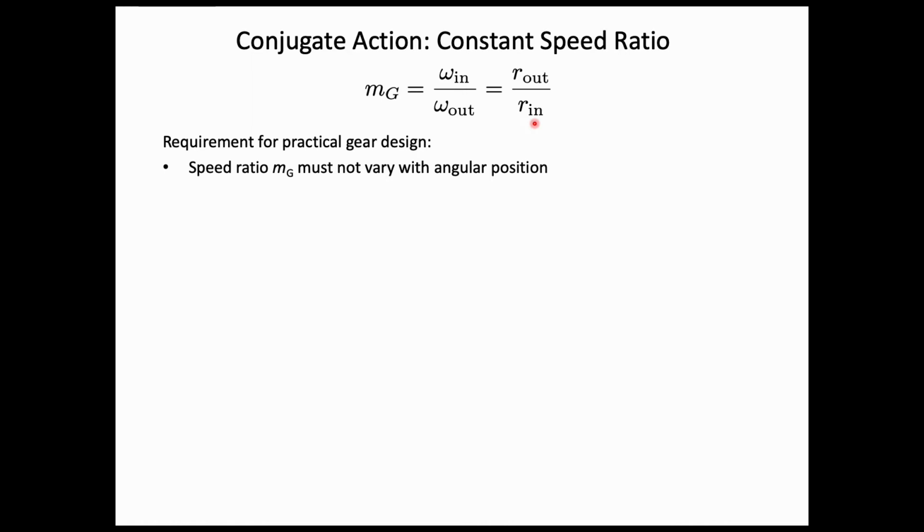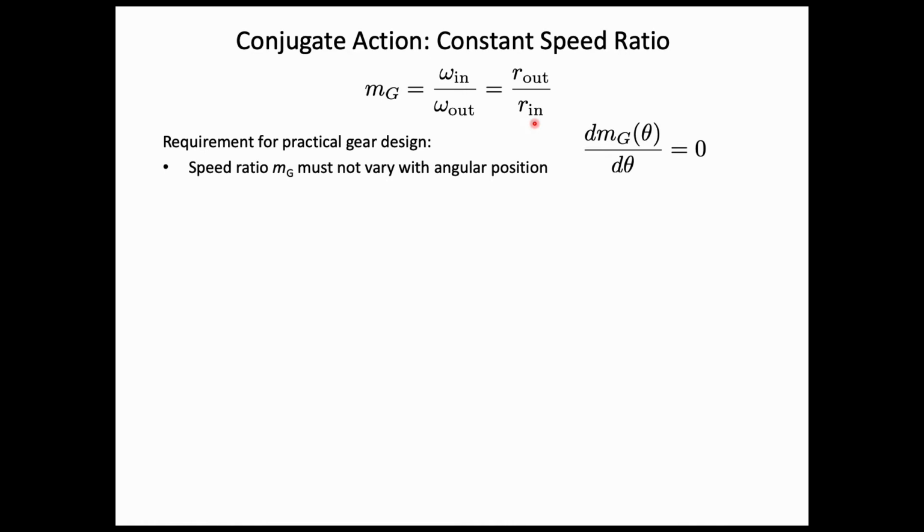It's essential that this speed ratio does not vary with angular position, the position of the gear as it rotates through its various positions. A way of quantifying that is saying that the derivative of the speed ratio with respect to the angular position of a gear must be 0.